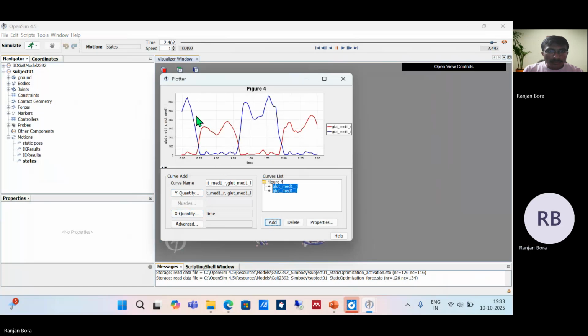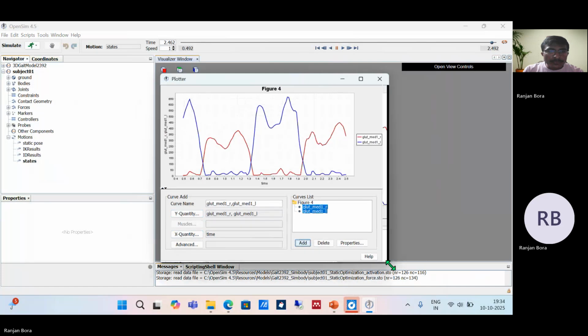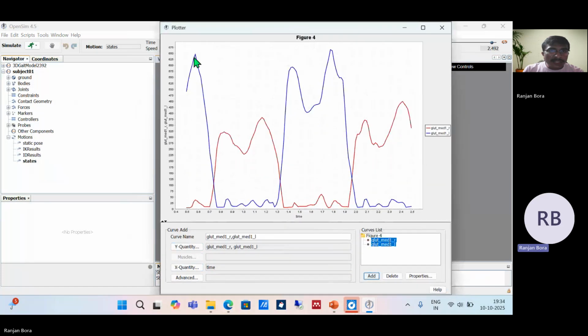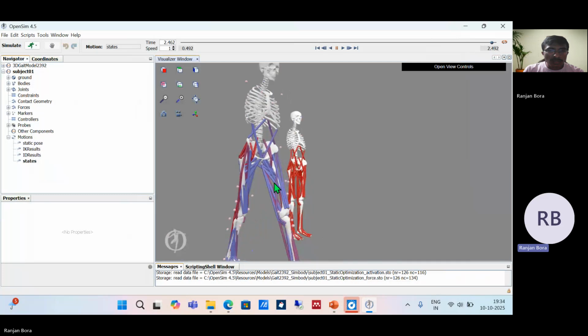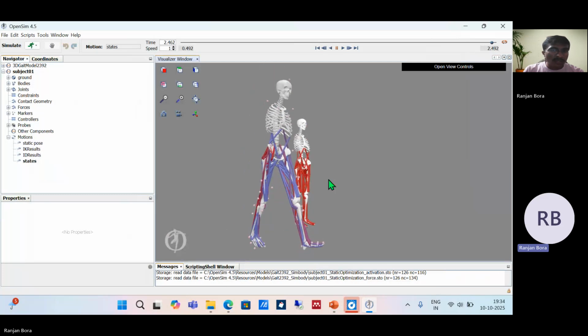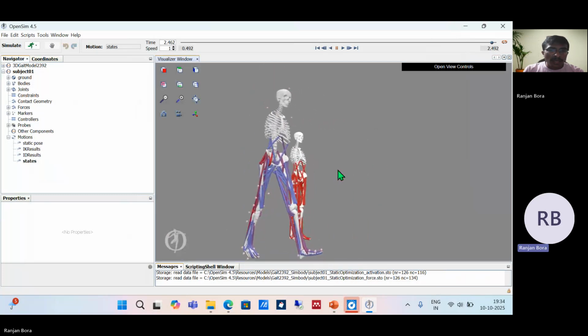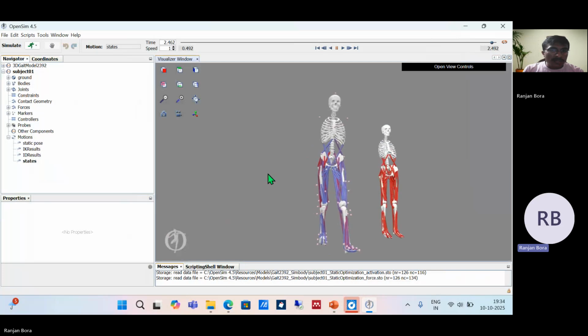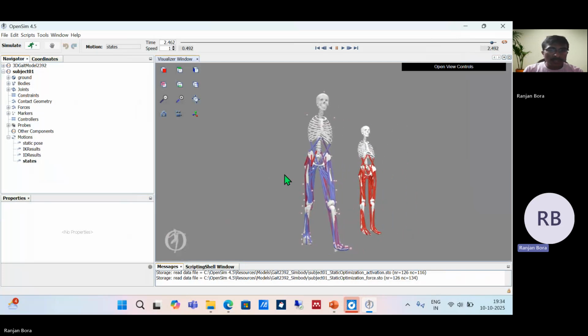And so here you can see this force. A maximum force of around 650 Newton, and minimum force is around 8 Newton, something like that. So likewise, using this OpenSim software, we can estimate different muscle forces, joint moments, and joint angles for different activities.